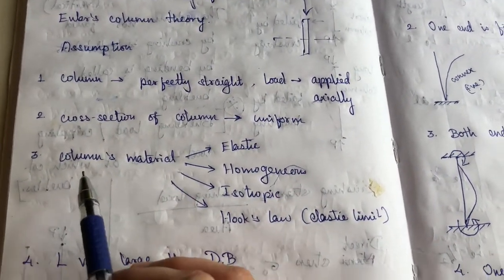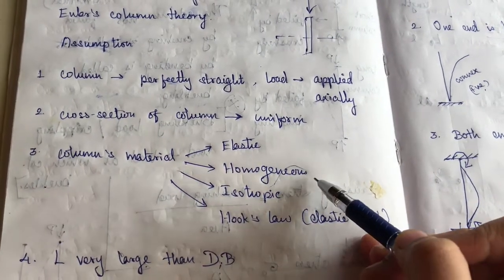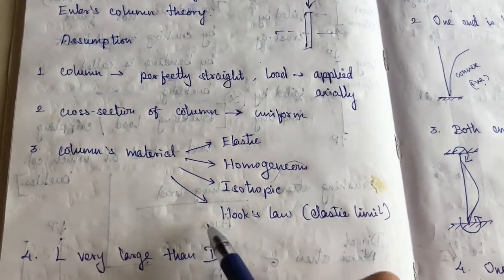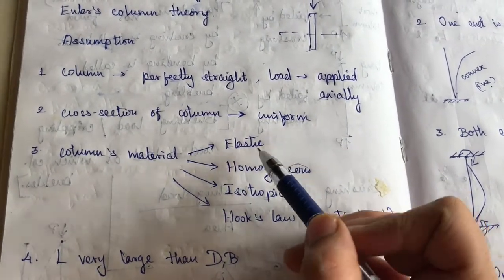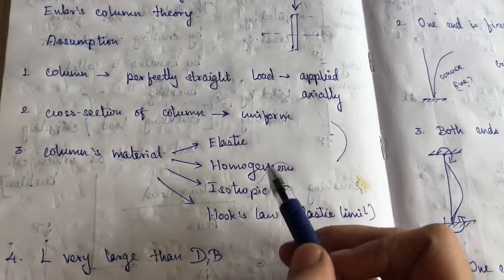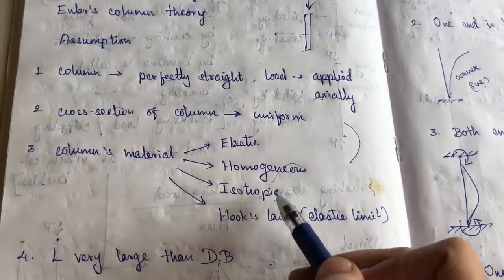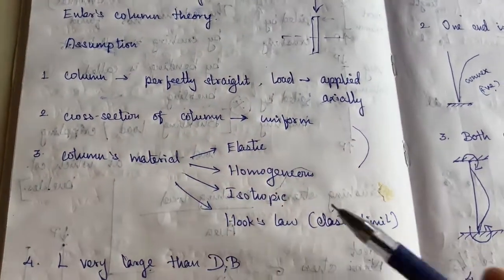Next one, the column's material is elastic, homogeneous, isotropic and it should obey Hooke's law. So it should be elastic, that's why it will tend to bend. And it should be homogeneous and isotropic, that is, it is made up of only the same material.